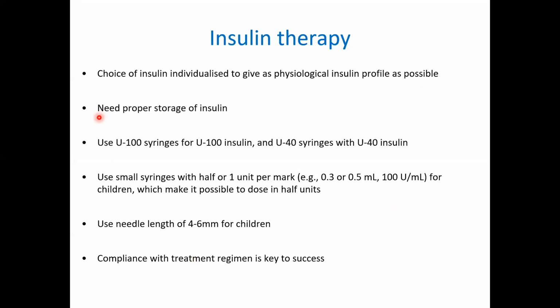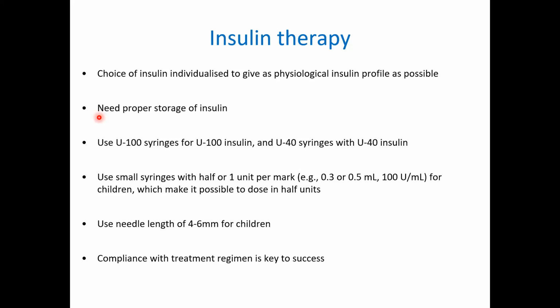And that is what we try to mimic when giving multiple dose insulin. So we give regular insulin or rapid acting insulin before meals, and then we give a basal insulin that is present throughout. So storage of insulin is very important, and I think this was addressed.